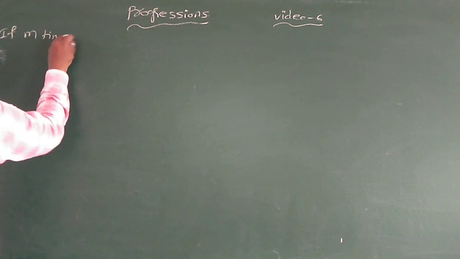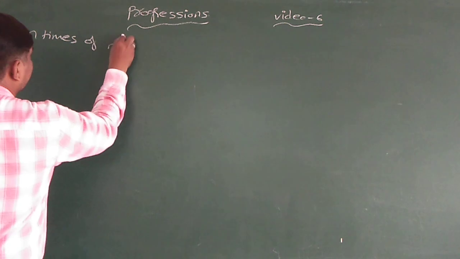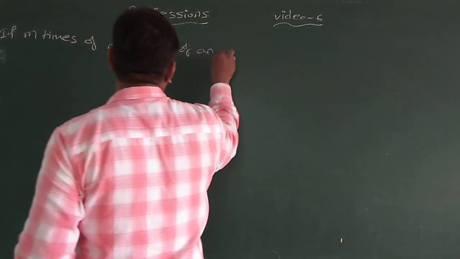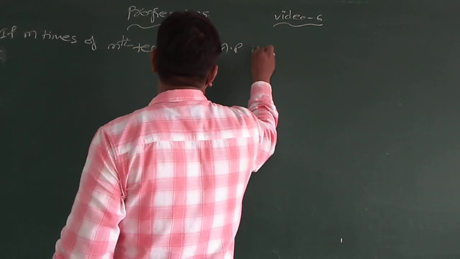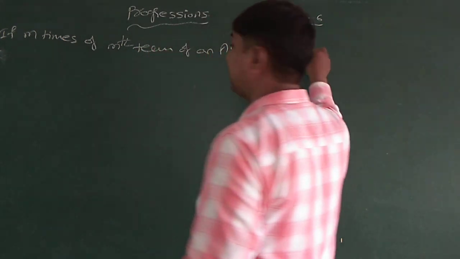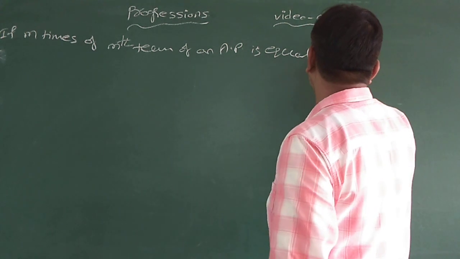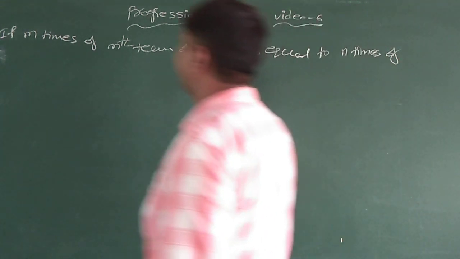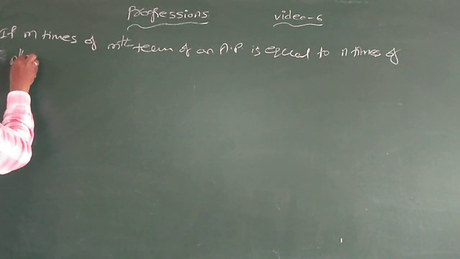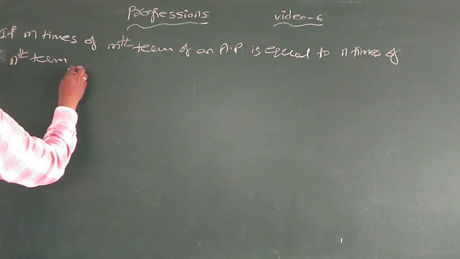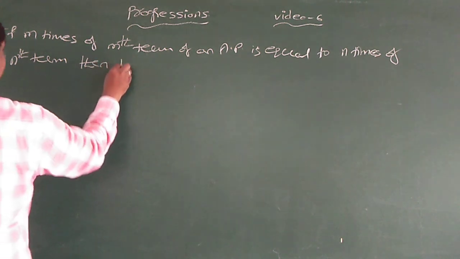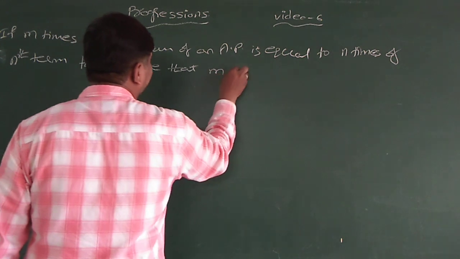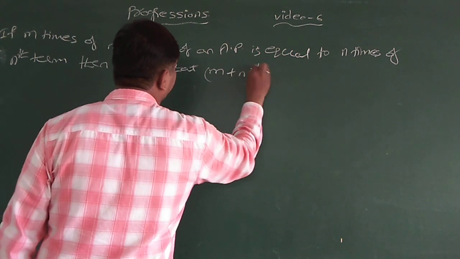The same way, the general form is: if m times the mth term of an AP is equal to n times the nth term, then prove that the (m plus n)th term is 0.